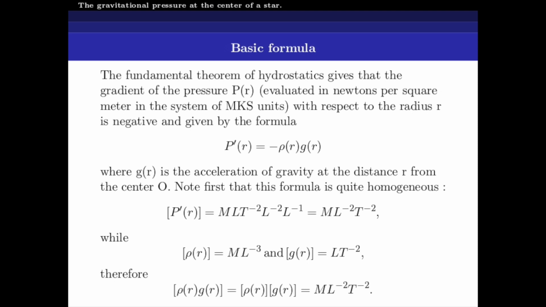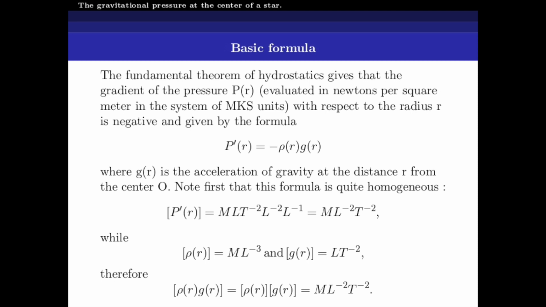Note first that this formula is quite homogeneous. Dimension of P'(r) = M L T^-2 L^-2 L^-1 = M L^-2 T^-2, while dimension of ρ(r) = M L^-3 and dimension of g(r) = L T^-2.